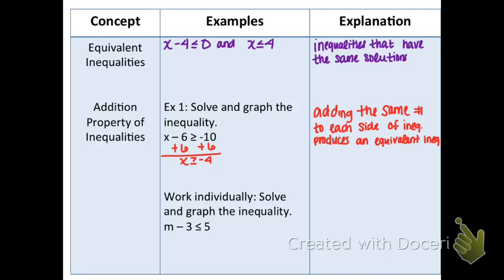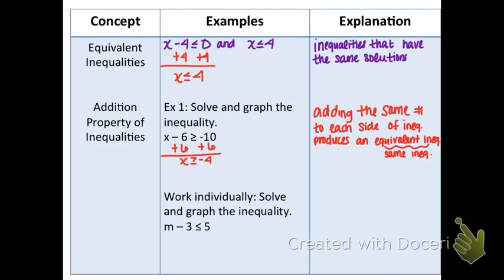So I'm actually even going to write this out. This means same inequality. So let's go back to under equivalent inequalities, my first example. If I were to apply that addition property of inequalities and take this first inequality and add 4 to both sides, I'm going to get x is less than or equal to positive 4.